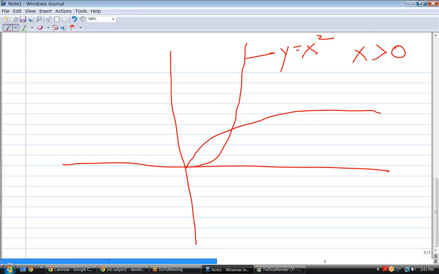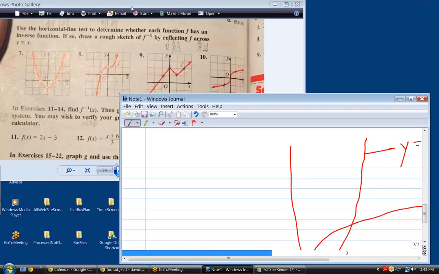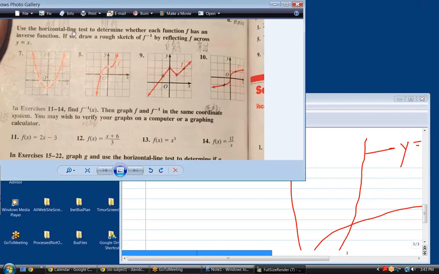All right. So, if we look back at these problems here, 7 does not have an inverse function. No. How about 8? Yes, it does. Actually, not. See this point right here? That's going to fail the horizontal line test.